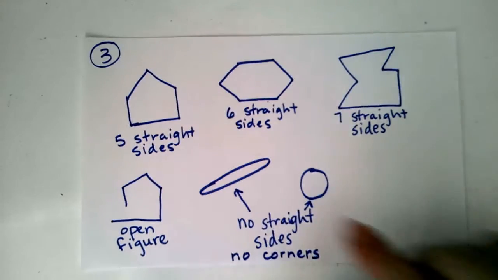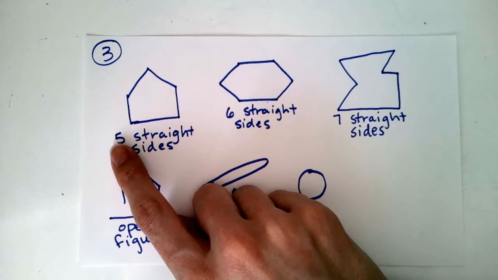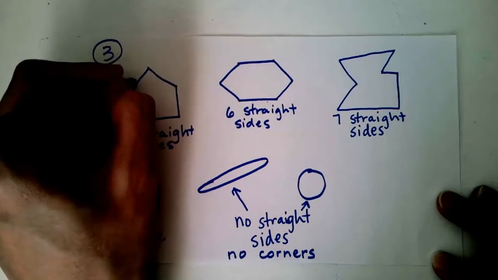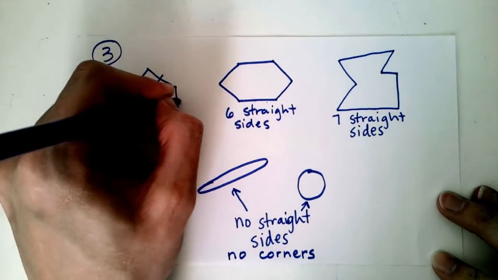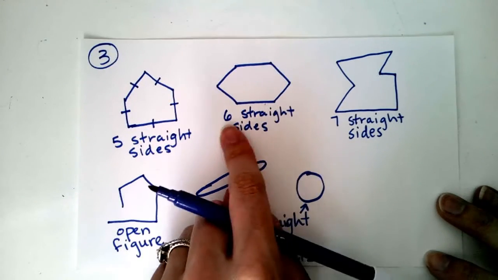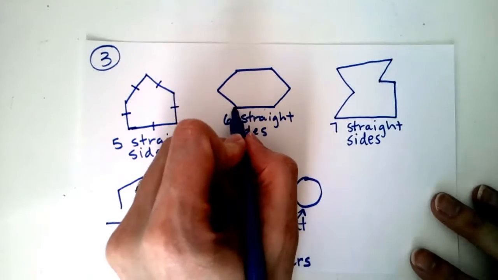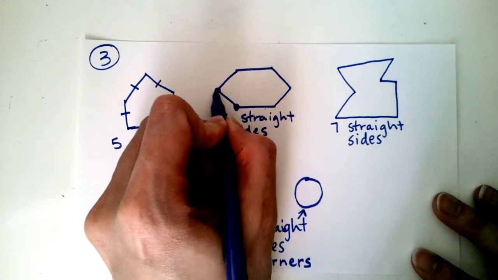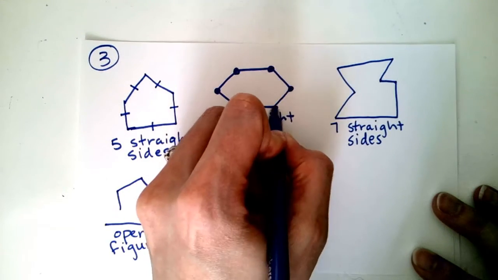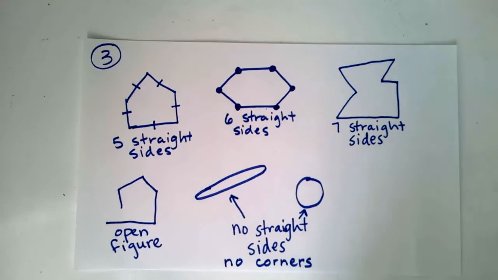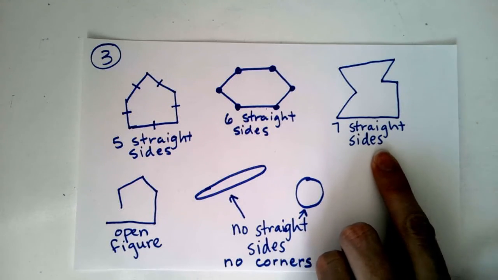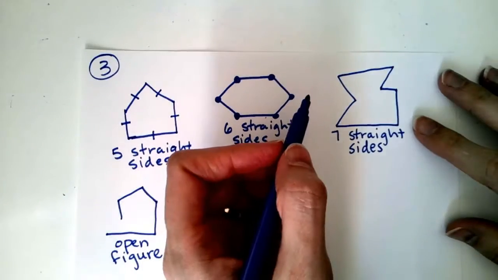Now, let's count to see if this does have 5 straight sides. 1, 2, 3, 4, 5. Yep. This one has 6, it says. Let's double check. 1, 2, 3, 4, 5, and 6. It sure does. And this one has 7. Oh boy. Whew.